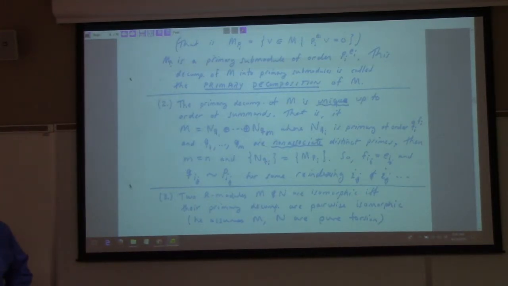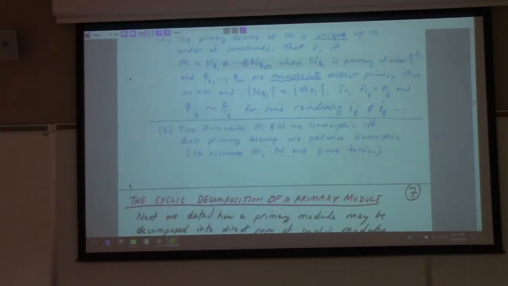Those are associate primes, so they're not allowed. So with non-associate distinct primes, it's the same set of summands, and the number of them is equal. And by the way, the primes are equal up to associates after appropriate reindexing. And we can also say that two R-modules are isomorphic if their primary decompositions are the same, in other words, pairwise isomorphic.